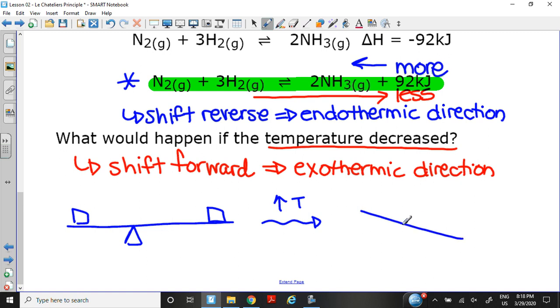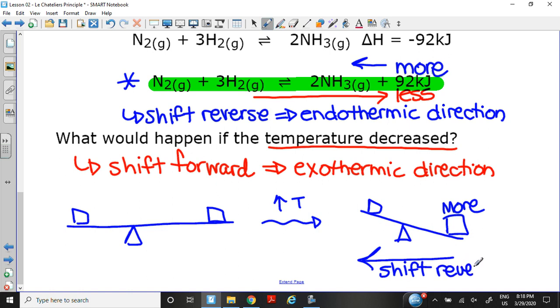So all of a sudden, our seesaw is going to look something like this. We said more over here. And how is it going to return back to equilibrium? Well, it's going to have to shift backwards or shift in reverse to get that parallel balance to the ground that's there.